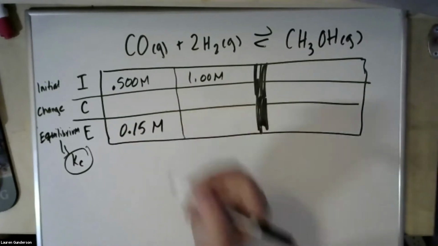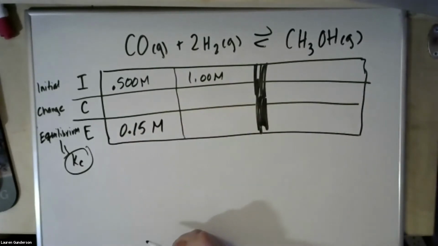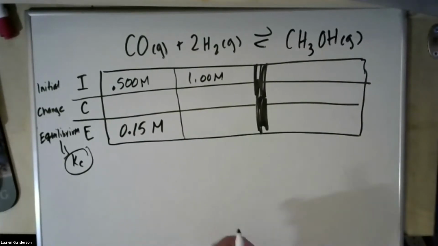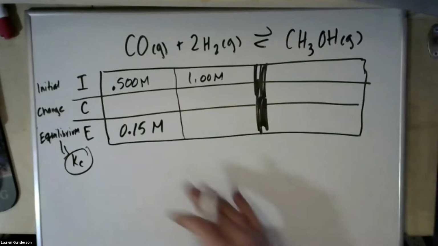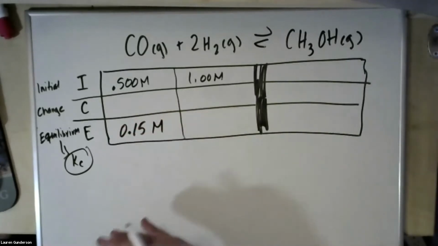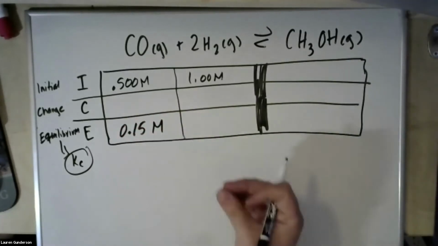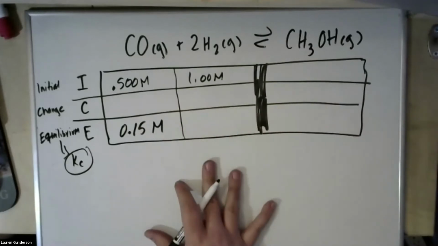0.15 molar. In this chapter, you are asking yourself quite frequently, which direction is this reaction going? This is another example of you having to be able to intuit the direction of the reaction from the information that you're given here.